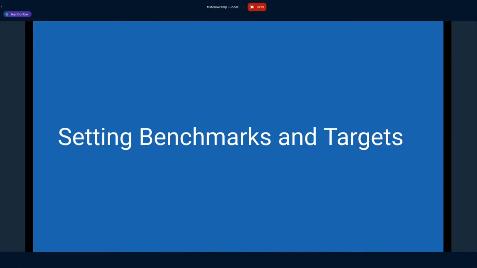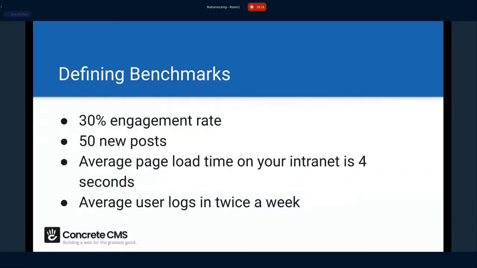All right, moving on to benchmarks and targets. These are essential for measuring and promoting ongoing success. Benchmarks represent the current state of performance, while your targets are your desired goals. Benchmarks are the current state of your intranet performance.